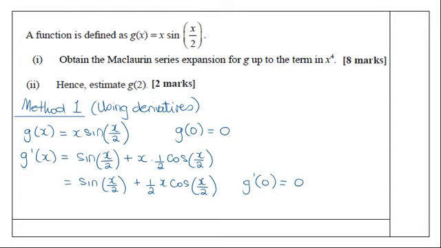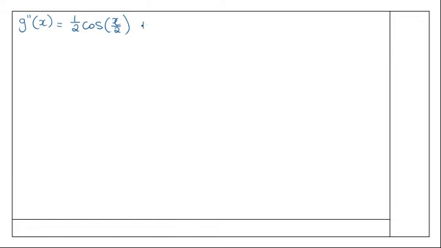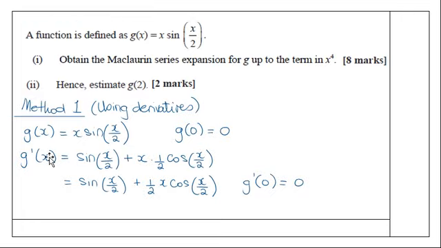For the next one, we're going to need the product rule. Differentiate the first, keep the second. So that's going to be half cos of x over 2. Plus, the other way around now, we're going to keep the first while we differentiate the second.